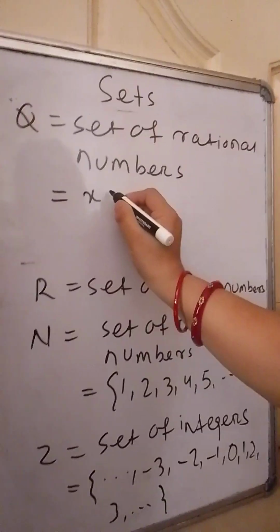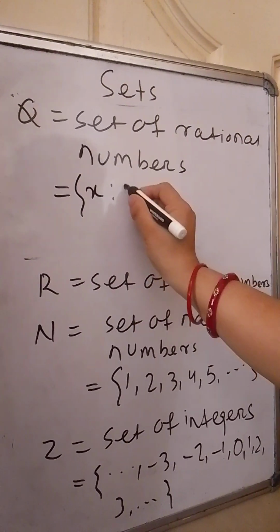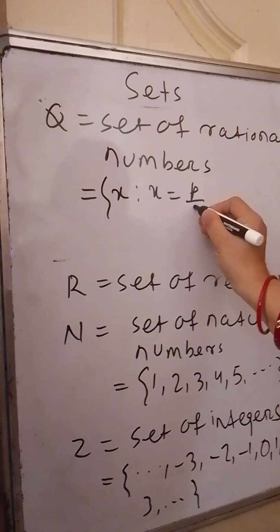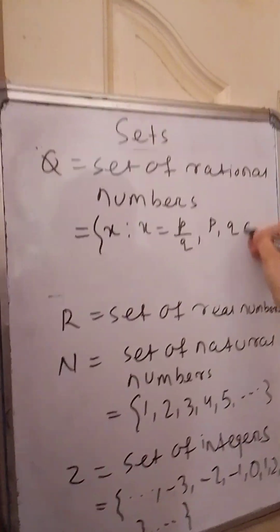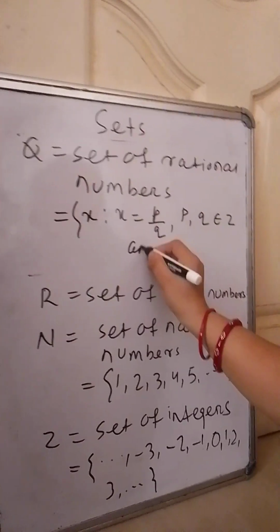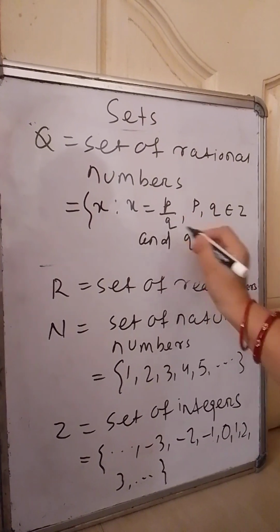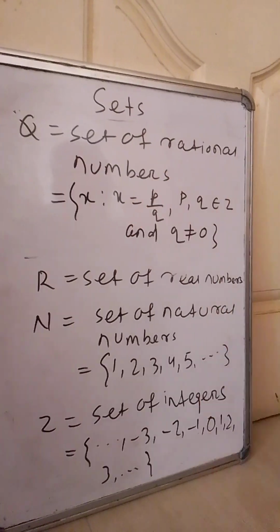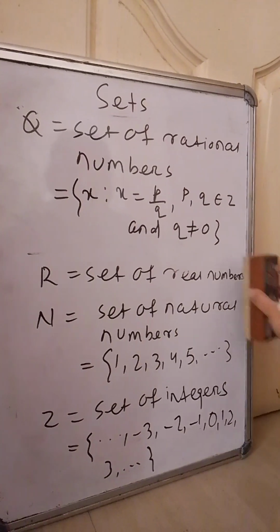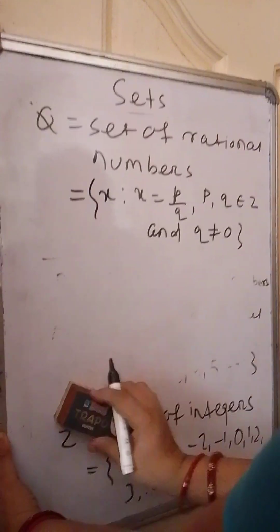So rather we can write in set builder form. X such that X equals p by q, where p and q are integers, meaning p, q belong to Z, and one more condition: this denominator q is not equal to 0. So this set of rational numbers we write in set builder form.